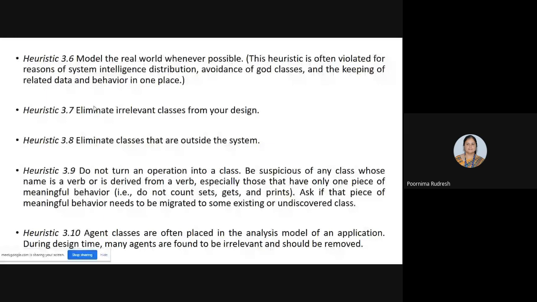And the last heuristic of this chapter is 3.10, which says that agent classes are often placed in the analysis model of an application. During design time, many agents are found to be irrelevant and should be removed.